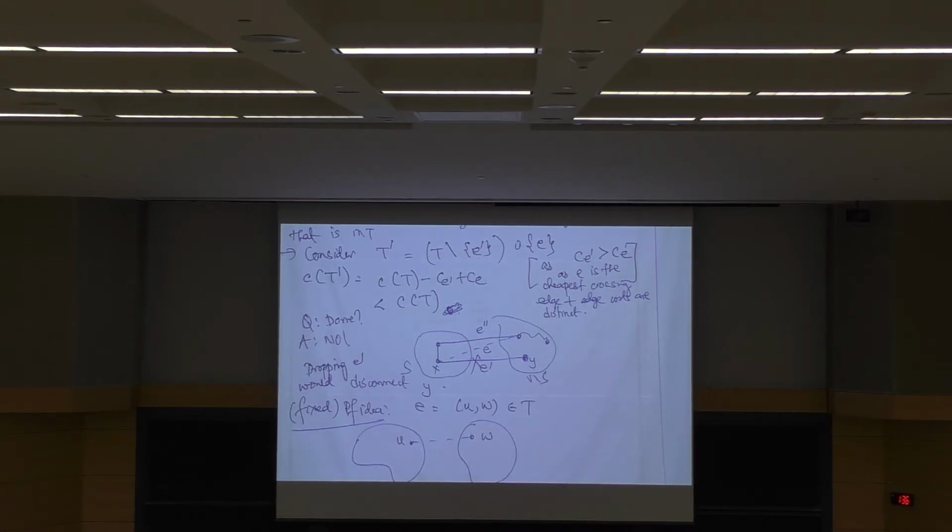The issue was we don't want to throw away an edge that is the only lifeline for some other vertex. So note the following: T connects everything, because it's a claimed MST of the graph, and it doesn't have edge uw. So that means it has to connect u and w via some other path. You just cannot use the edge uw.